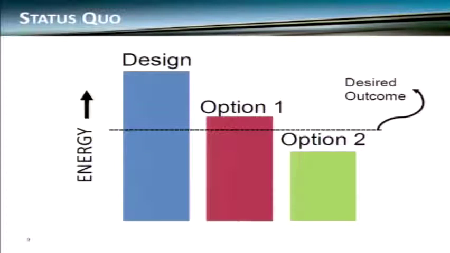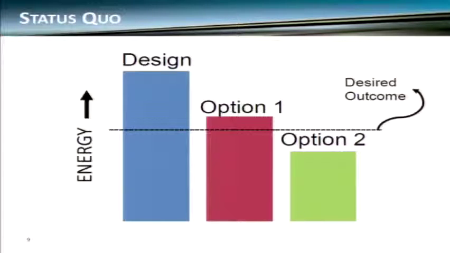You are using X units of energy, or you are not meeting your objective, which is that black dotted line across the screen. And then we put in a whole bunch of energy efficiency measures. Maybe it's better windows, more insulation, a different mechanical system, whatever the case may be, better lighting. And we have option one, some bundle of energy efficiency measures that brings down that energy performance.